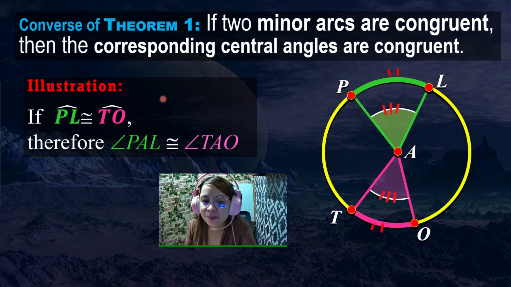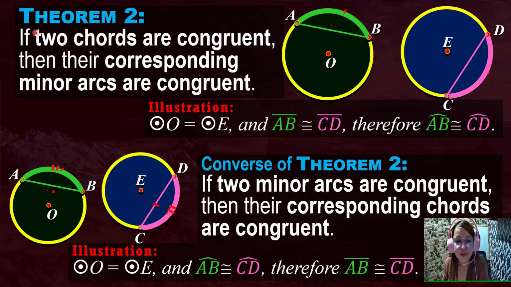If arc PL is congruent to arc TO, therefore, angle PAL is congruent to angle TAO.